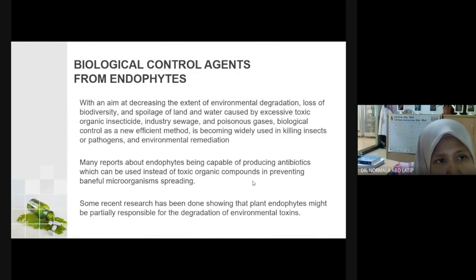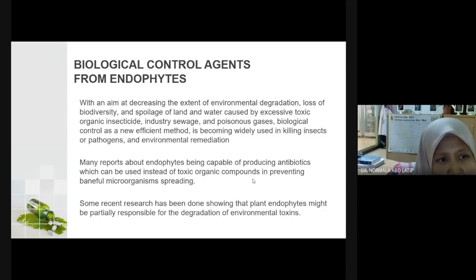These endophytes can also serve as biological control agents. They have been used to help with the loss of biodiversity, environmental degradation, and spoilage of land or water caused by excessive toxic organic insecticides, industrial sewage, and poisonous gases.